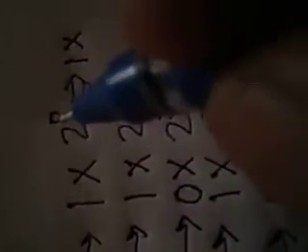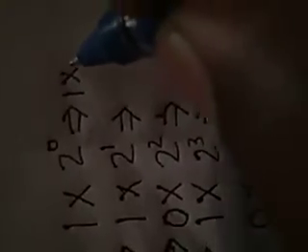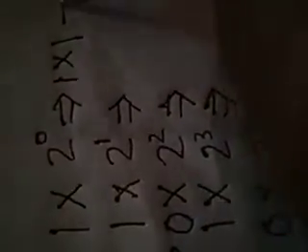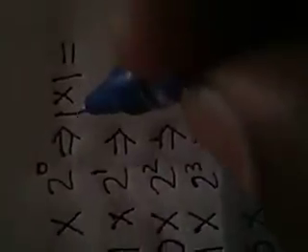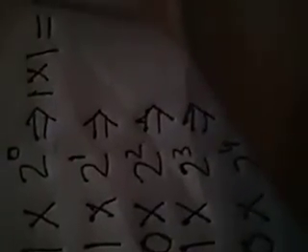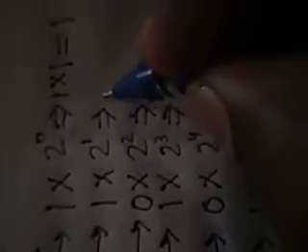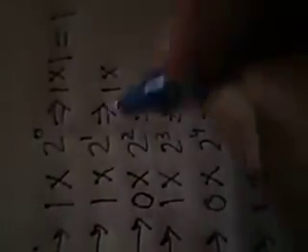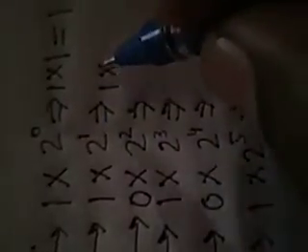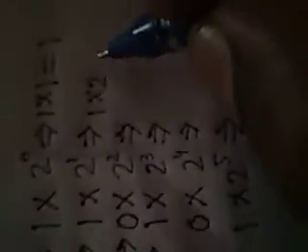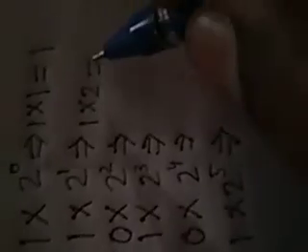Any number to the power 0, its value will be 1, right? Then this is equal to 1 into 1, it will be 1. Now next, 1 into 2 raised to the power 1 means 2. What will be the answer? It will be 2.